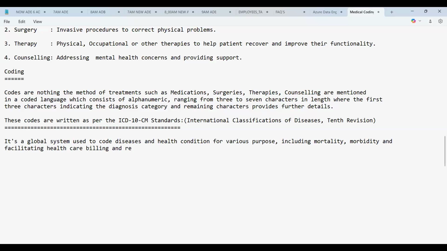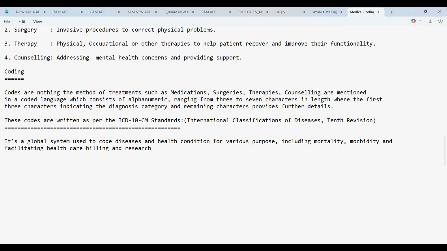So these codes are used to assess the following conditions, we can say.